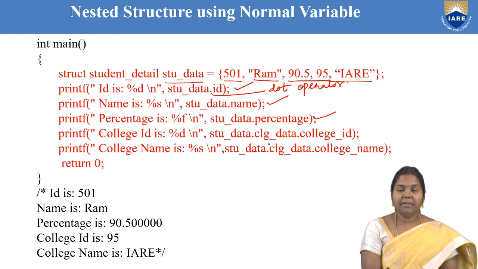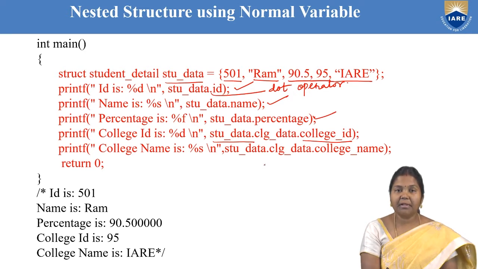Now, whenever the member belongs to a nested structure, the dot operator is used twice. Suppose I want to access the college ID, which is within the college_detail structure. I have to access it as student_data.college_data.college_ID.